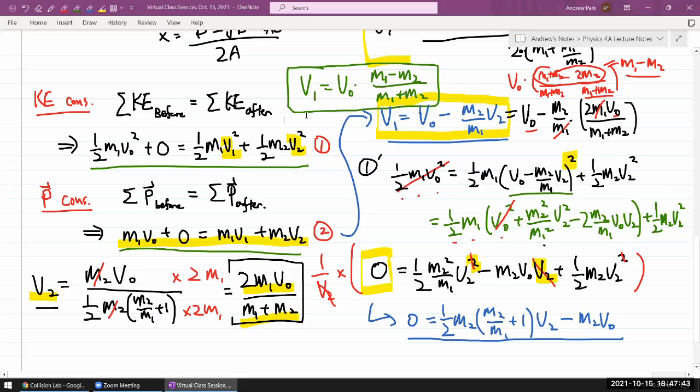This simplified expression is saying that when M2 is greater than M1, then your V1 will be negative. And negative V1 means M1 moves leftward after the collision. So that's the analysis of this particular elastic collision. That can be a lot of fun to work through and a lot of good practice.